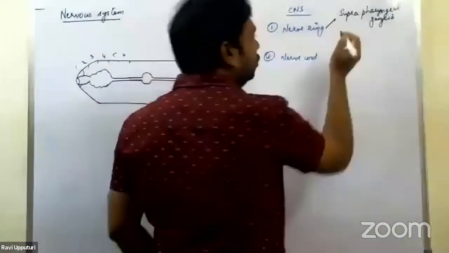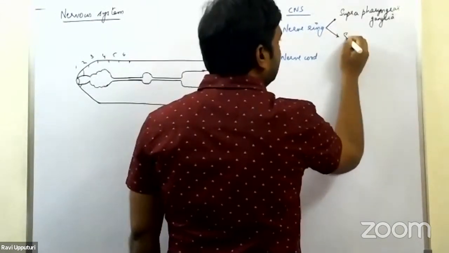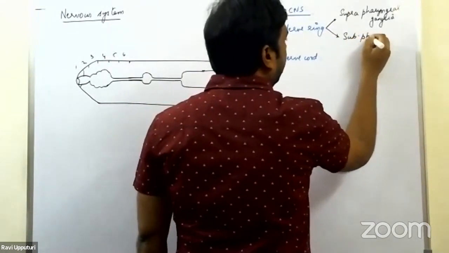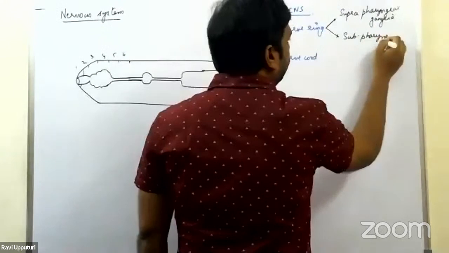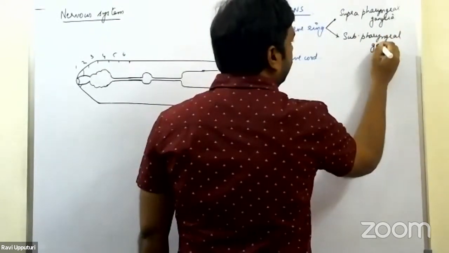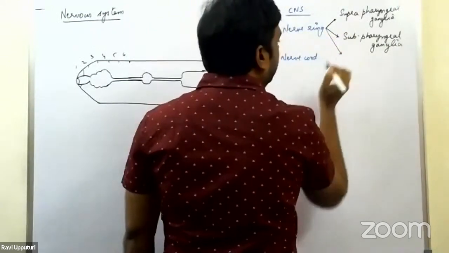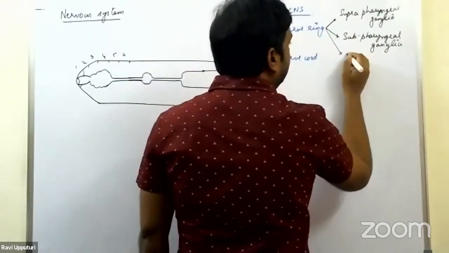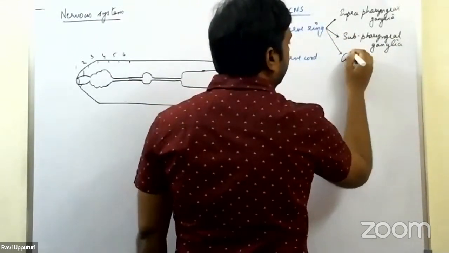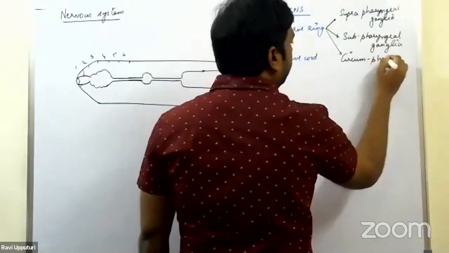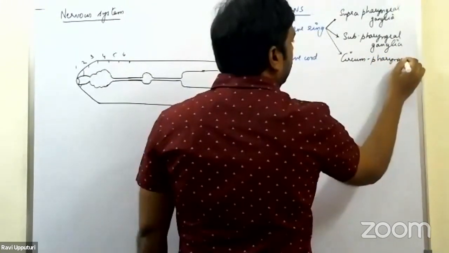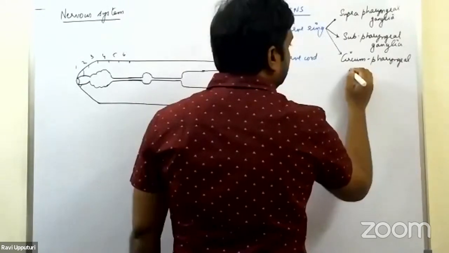The second structure which would form the nerve ring is called the subpharyngeal ganglia. And the third structure is called the circumpharyngeal connectives or commissures.